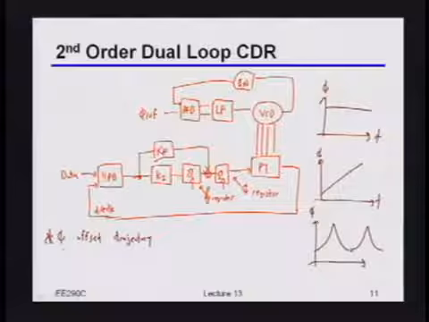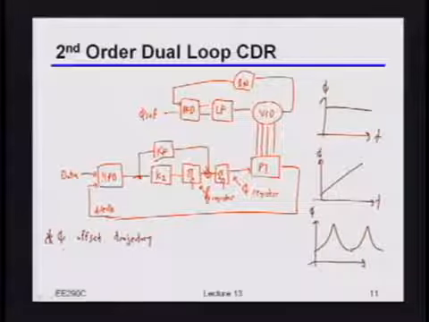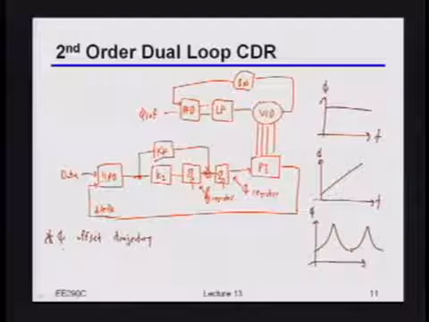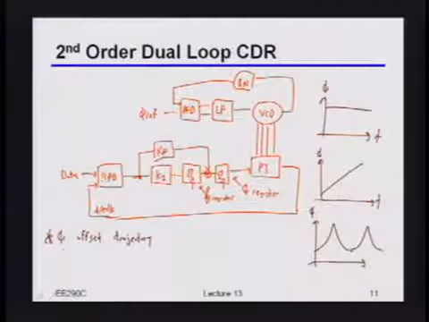Sometimes you're worried about some spur coming out of your chip, and if it has too much power spectral density, then the FCC gets unhappy or something like that. So sometimes what you'll do is this spread spectrum technique, where you intentionally spread the energy of that clock out over a band of frequencies.